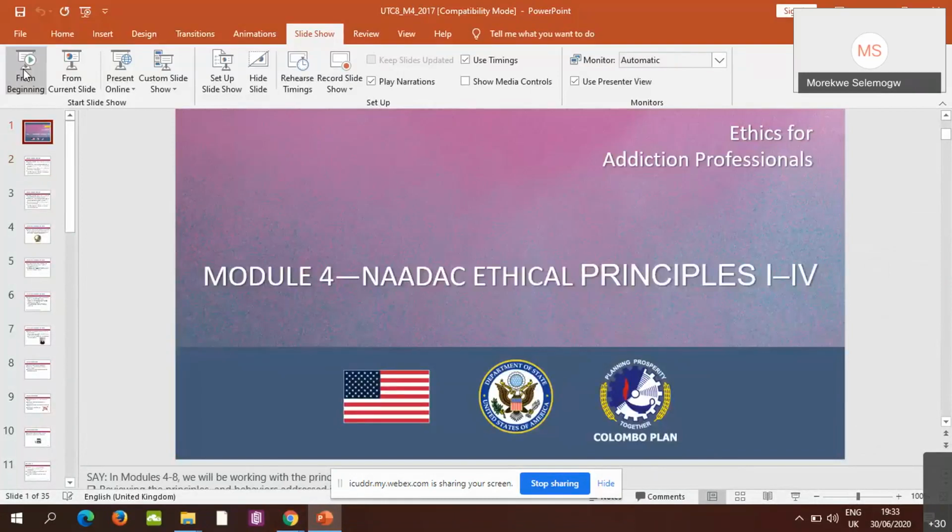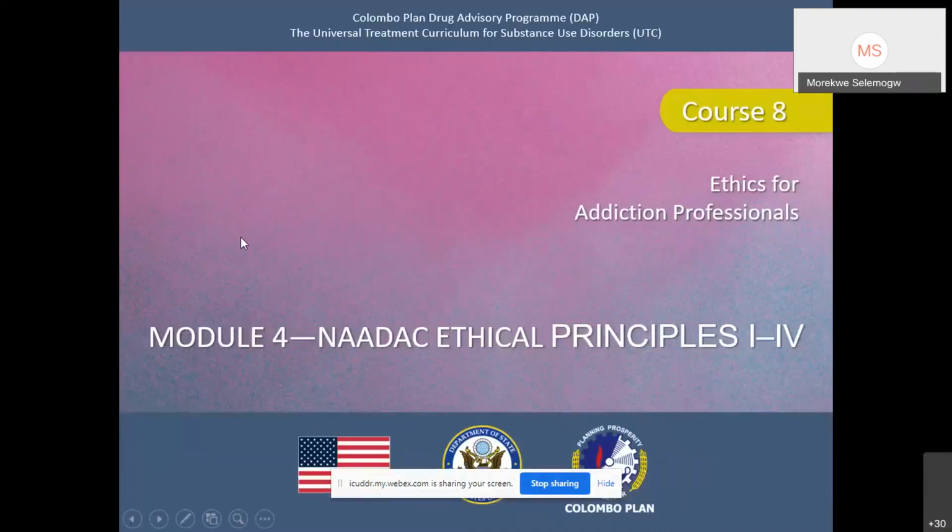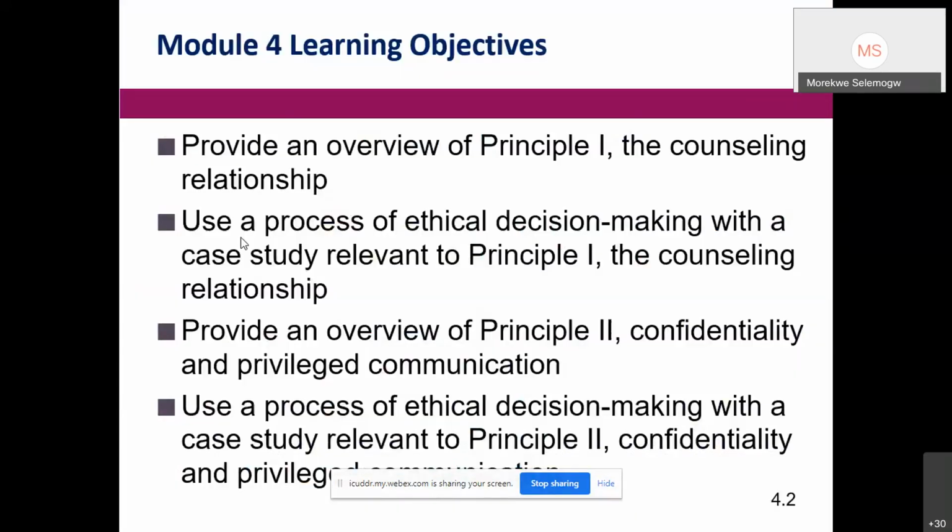You are able to see it? Okay. Good. So what I said still stands about module 4 and NAADAC ethical principles. We are just moving on to the learning objectives. The first one is to hopefully that we are all able, when we finish with the module, to provide an overview of principle 1, which is the counseling relationship.